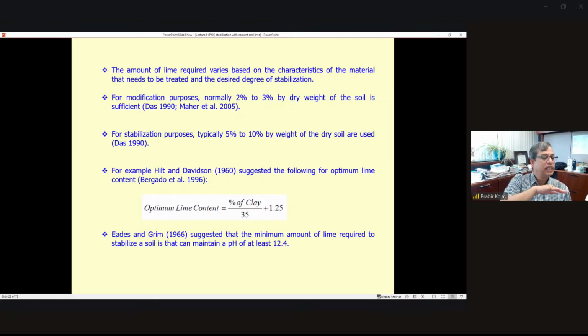When you see the pH is at least 12.4, that is the lime percentage you generally need to use. But this will give you a preliminary estimate, and then you have to do more tests to find out the optimum lime content.